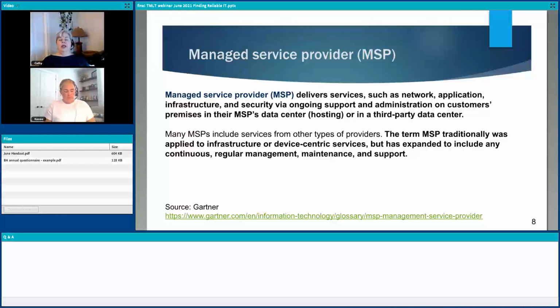Sometimes they may be actually hosting your data in their data center or contracting with a third-party data center on your behalf. Traditionally, they have mainly looked at infrastructure and devices. However, we are seeing this model merge into the continuous monitoring, regular management and maintenance, as well as support for your systems.